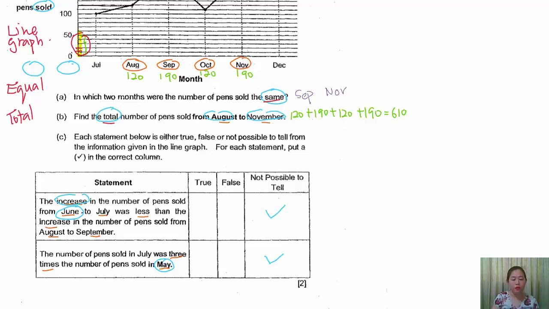And we also know that we have to have the information before we can calculate. And if there is no information, then we can say that it's not possible to tell. So this is about having no information. This is about having proven information. This is all about telling a lie.